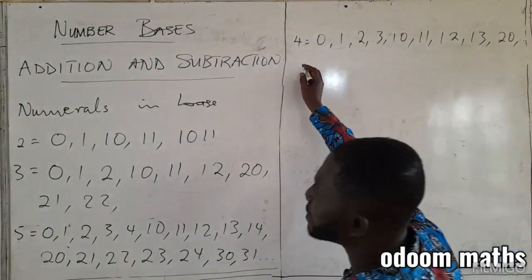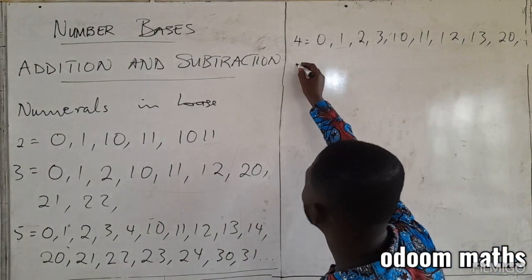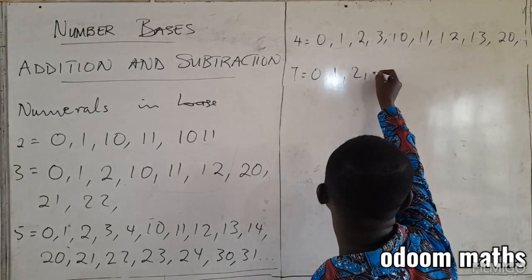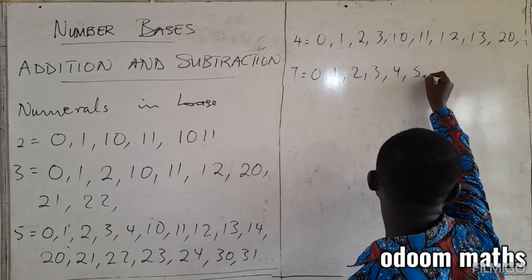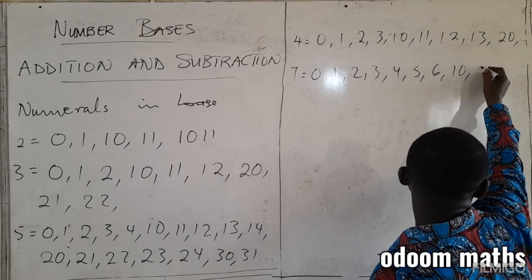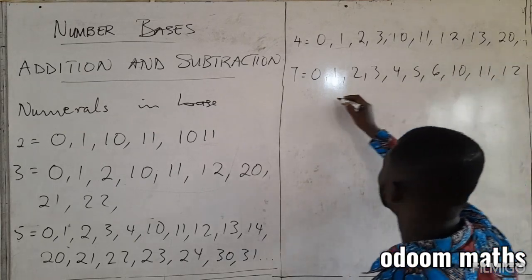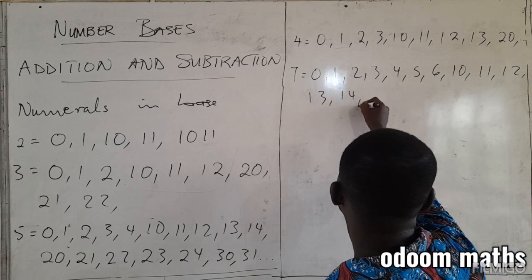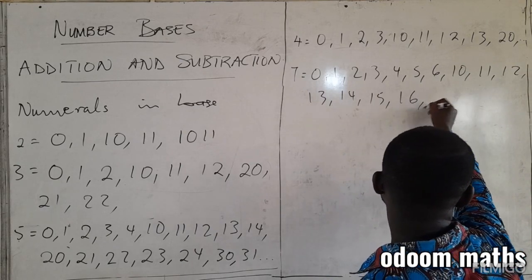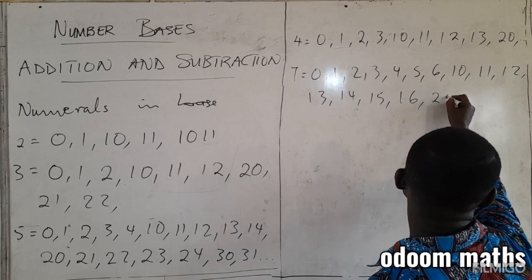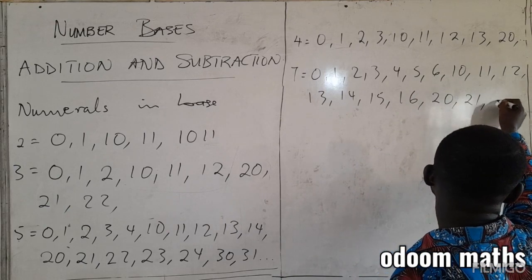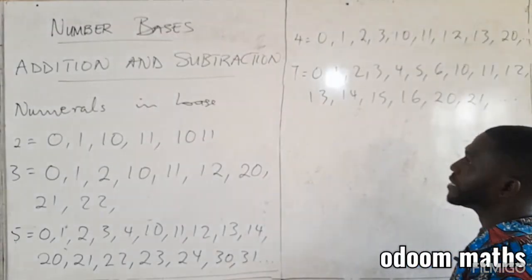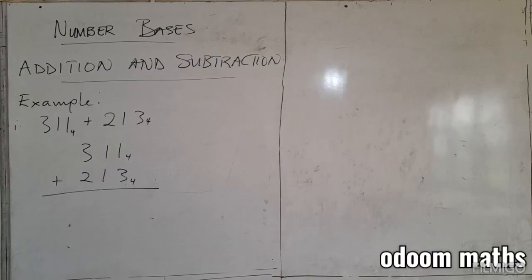The same thing applies to base 7, which is 0, 1, 2, 3, 4, 5, 6, 1, 0, 1, 1, 1, 2, 1, 3, 1, 4, 1, 5, 1, 6, 2, 0, 2, 1, and the rest.